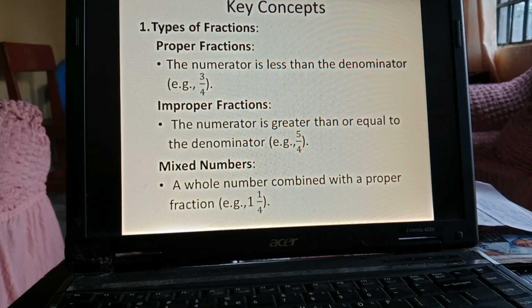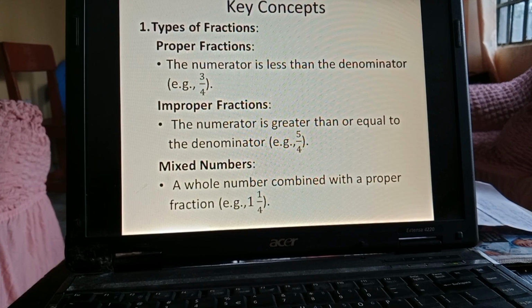Improper fractions are fractions where the numerator is greater than or equal to the denominator. For example, 5 is greater than 4. Therefore, 5/4 is an improper fraction.